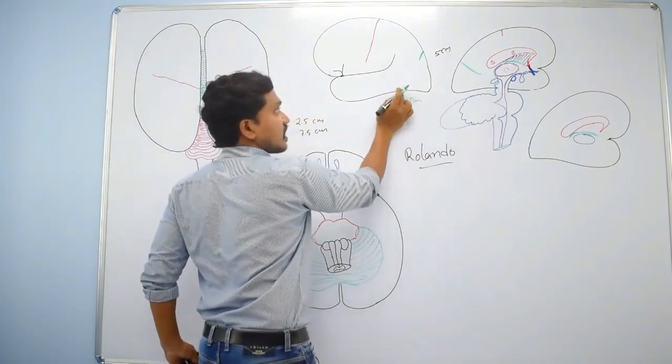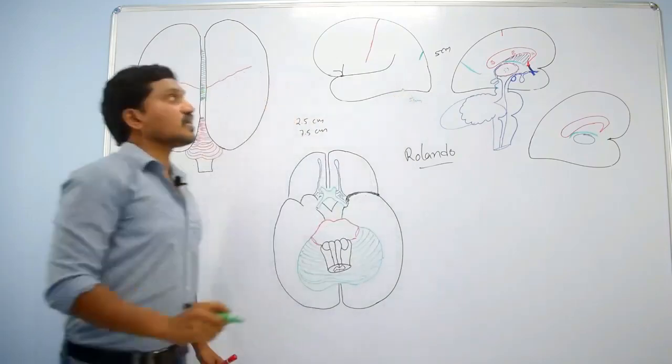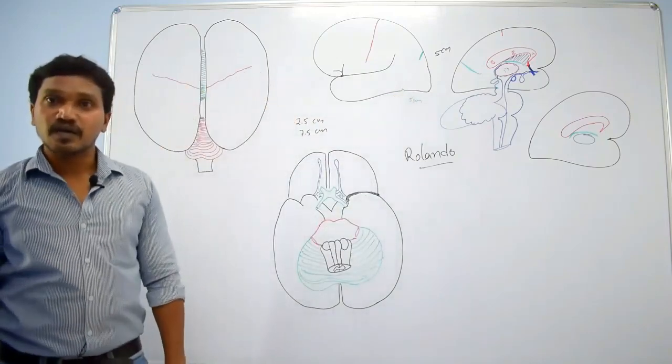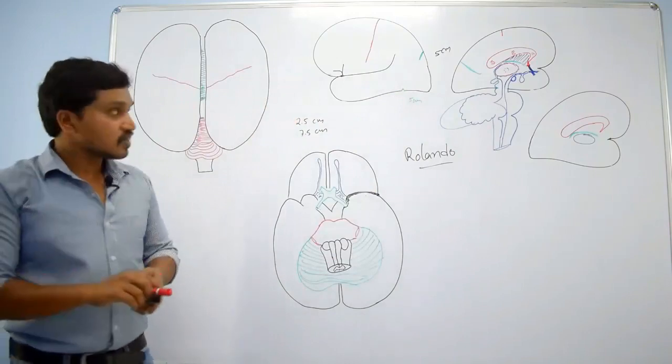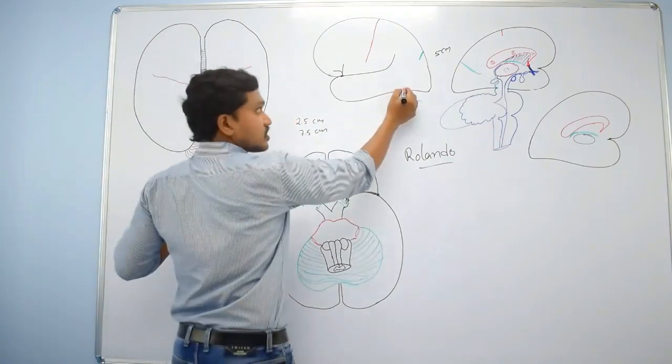This notch we call the pre-occipital notch.